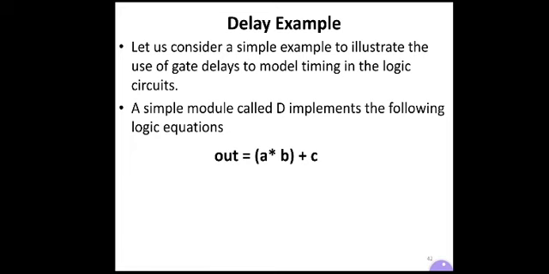We are going to write a module whose name is D. Like previously we had a module full add, here the module D will be implemented using the following logic equation. Out is equal to A and B or C, A into B plus C, that is nothing but A and B ORed with C.